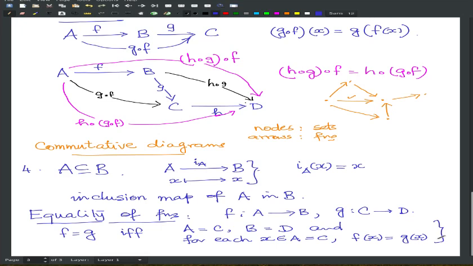Going on successively using what we have seen, f is a subset of A cross B, and g is a subset of C cross D. The domain of f is A, the domain of g is C. If they are equal, the domains must be the same, so A is equal to C. Then, by the same rule, B must be equal to D. Otherwise, as sets they are not exactly the same, because one is a subset of A cross B and the other is a subset of C cross D. So unless B and D are the same, it cannot be.